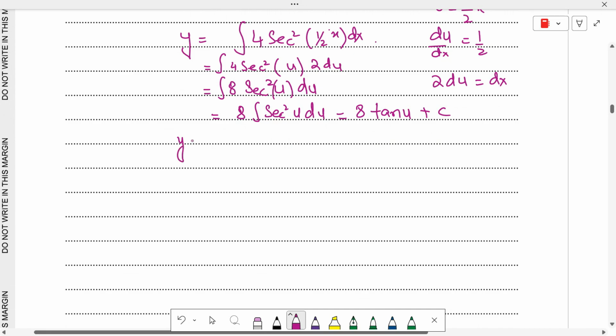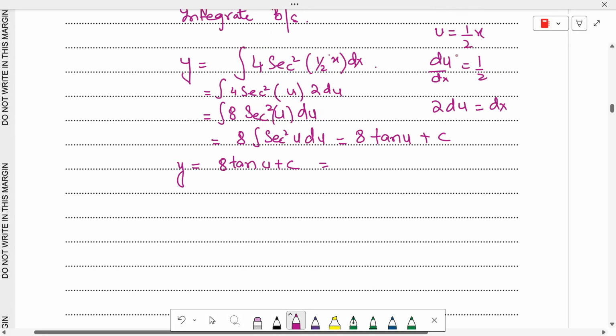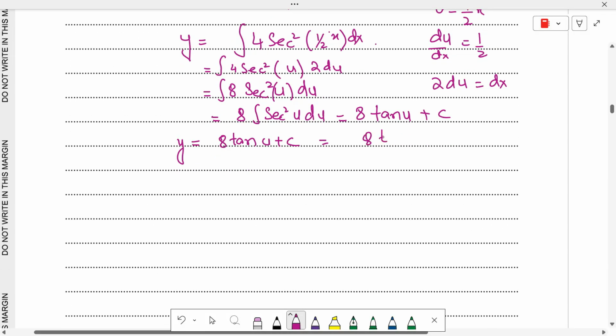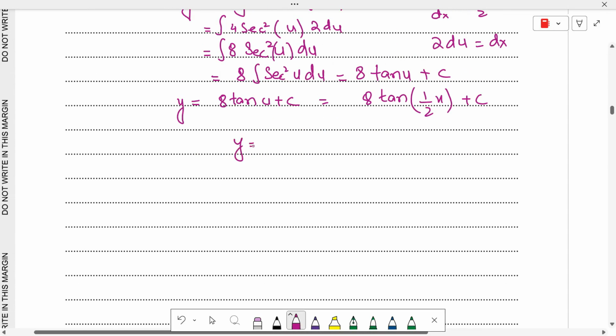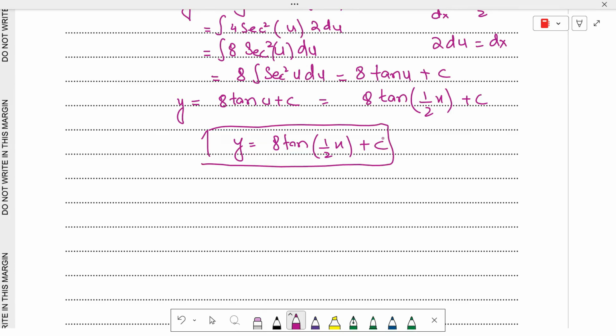So we have the equation of the curve, 8 tan(u) plus c, and u is equal to 1/2 x, so we plug in: y is equal to 8 tan(1/2 x) plus c. This is the curve equation, but we don't know the value of the constant.